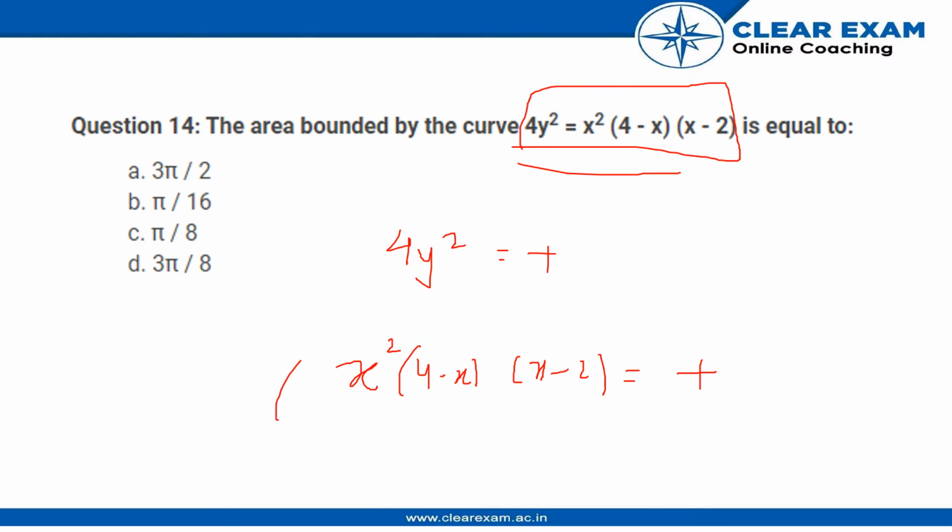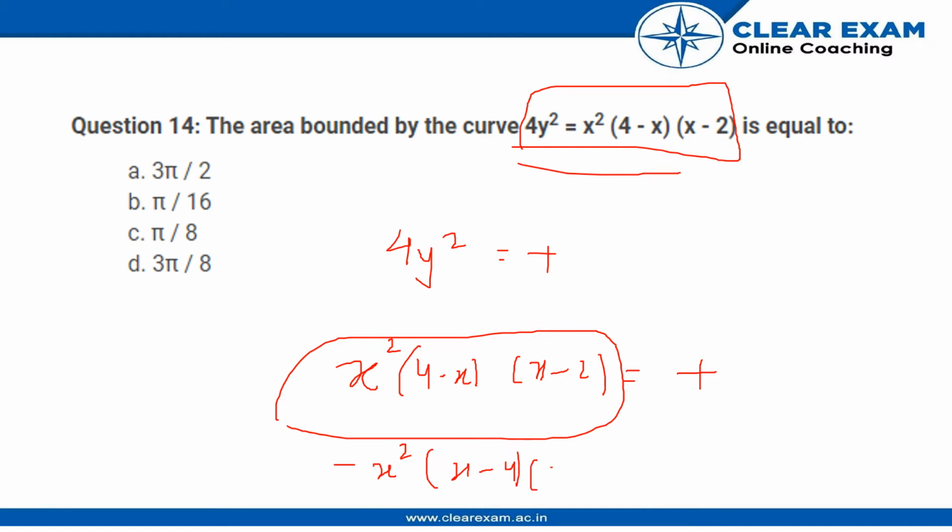So this entire equation has to be positive. So I can say x squared (x minus 4)(x minus 2) has to be negative, or if I just remove this negative sign, this has to be negative, correct?